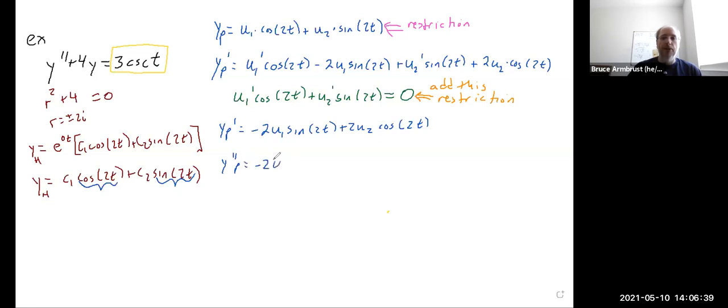So it's going to be minus 2u1 prime sine of 2t, no, not plus, minus 4u1 cosine of 2t plus 2u2 prime cosine of 2t minus 4u2 sine of 2t.